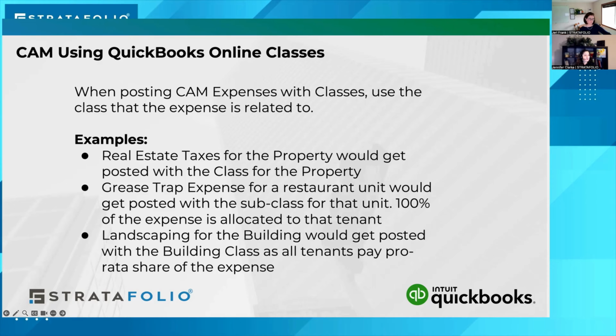For example, for Grease Trap, a unit level class in QuickBooks when mapped in STRATAFOLIO, we'll apply 100% of that reimbursable account expense to that tenant's CAM reconciliation. Grease trap cleanings are a great example for ones that typically only need to be applied to the restaurant.